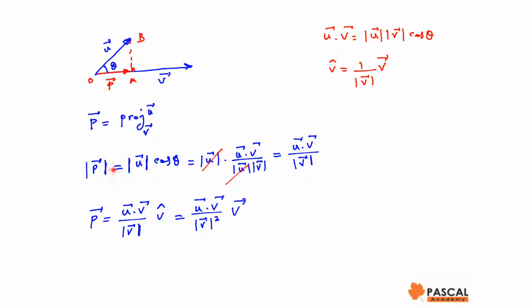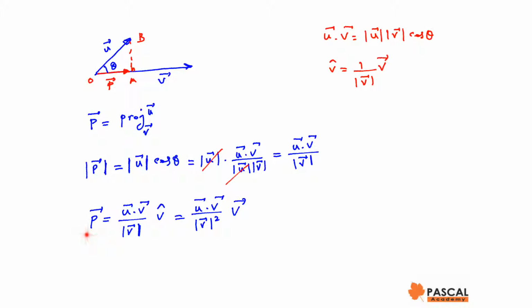In other words, magnitude of P, OA, is magnitude of U, OB, times cosine of theta. Cosine of theta is U dot V over size of U, size of V. Therefore, magnitude of projection of U on V is U dot V over size of V.